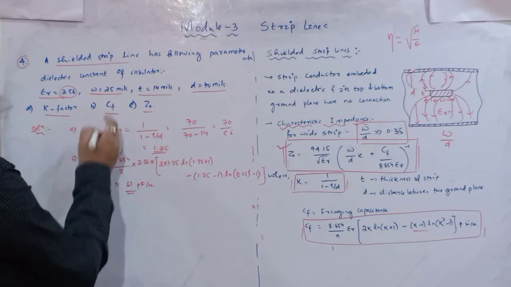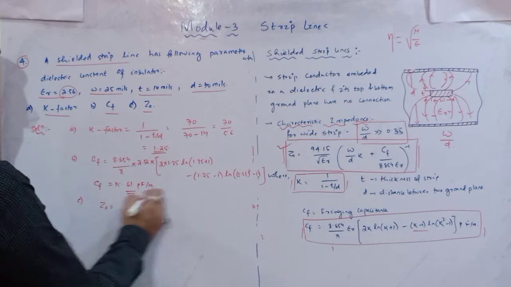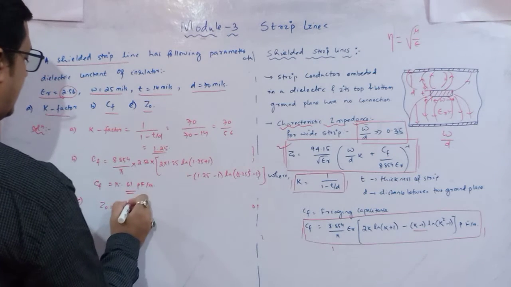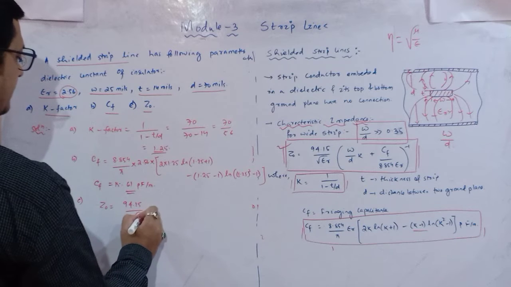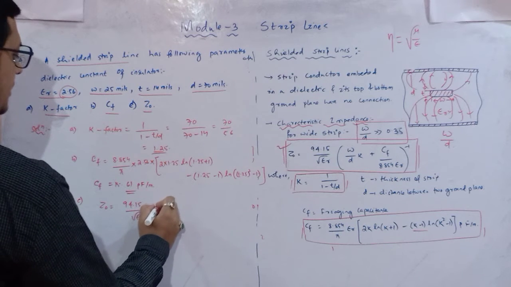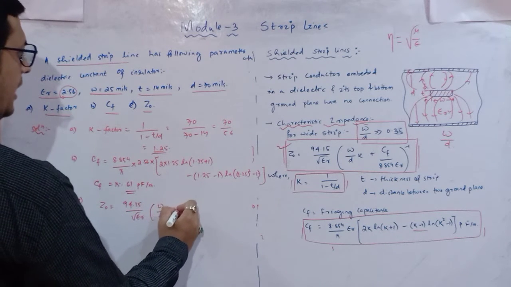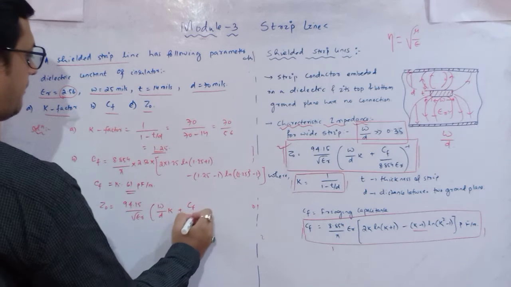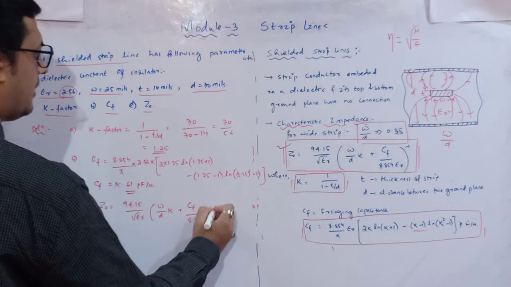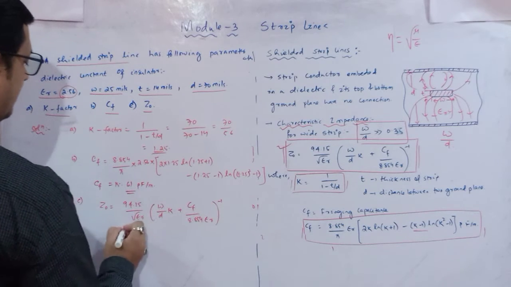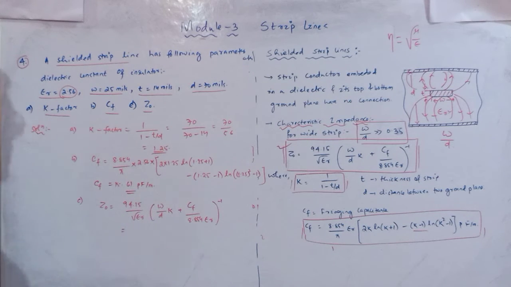Similarly, the characteristic impedance we can substitute directly: 94.15 divided by root epsilon r, then W by D into K plus CF divided by 8.854 into epsilon r, whole to the power minus 1. Whatever data is available, you can substitute it.